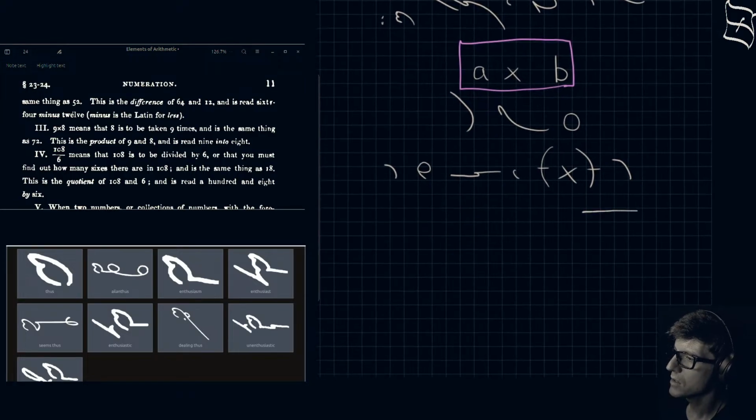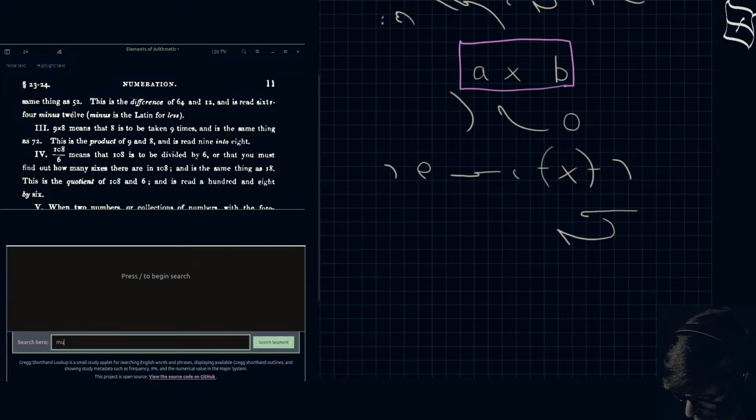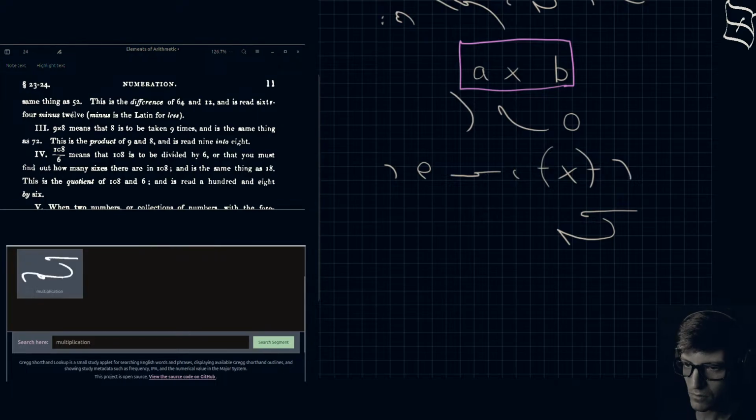Let me check the spelling of multiplication. Almost, and then we have to have the K. So we go multiplication sign, and we're going to underline this.